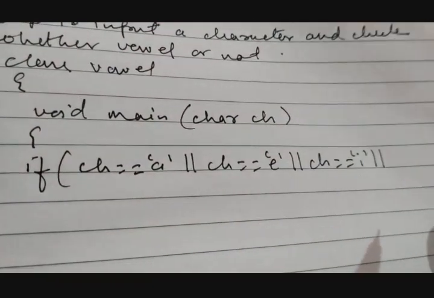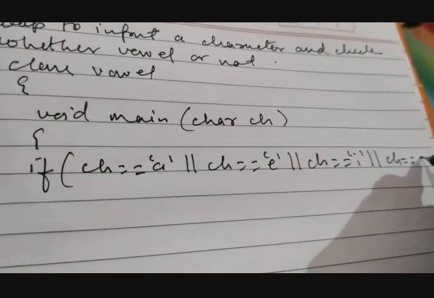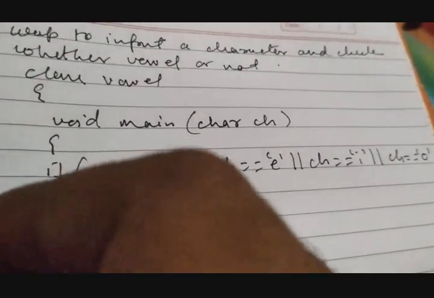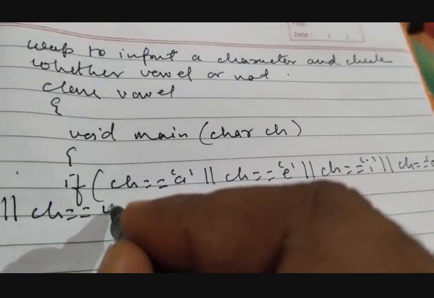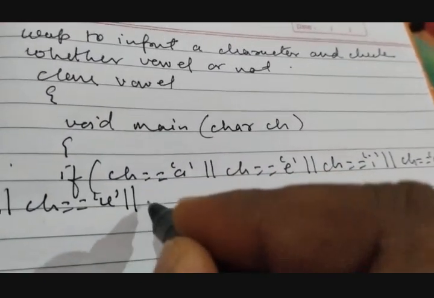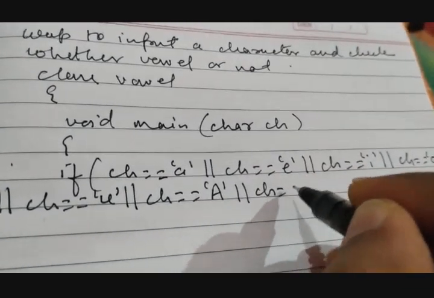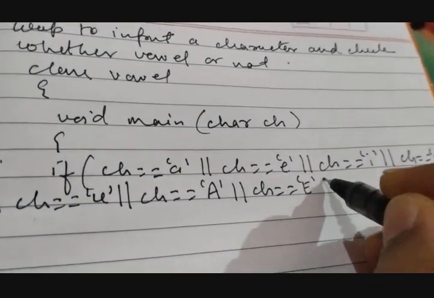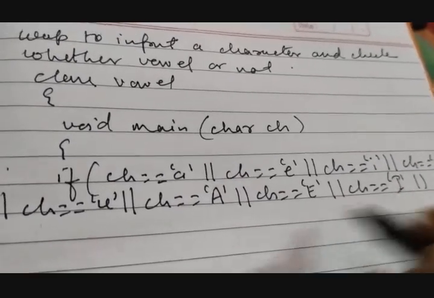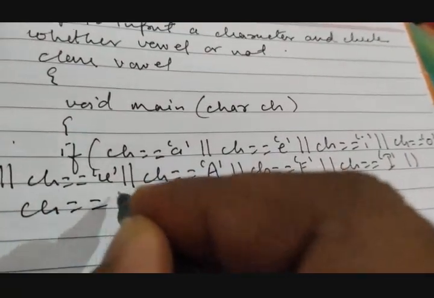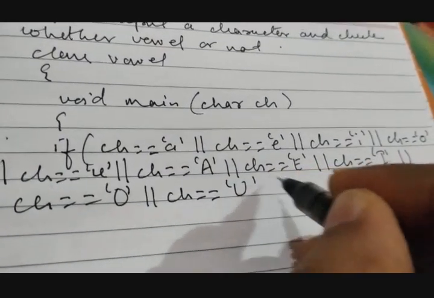Remember this, they must be represented with single quotes only. ch equals small o, or ch equals small u, or ch equals capital A, or ch equals capital E, or ch equals capital I, or ch equals capital O, or ch equals capital U.